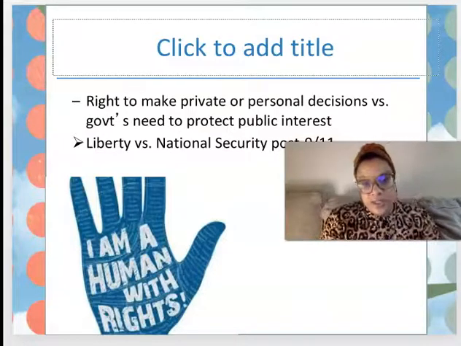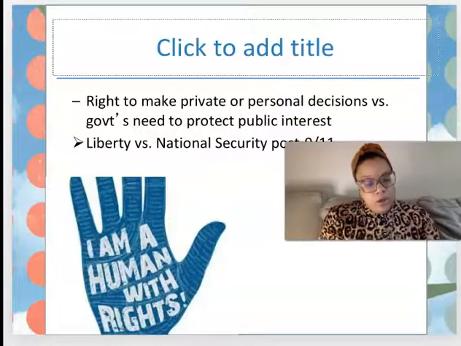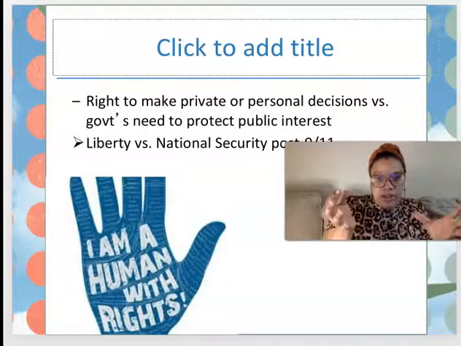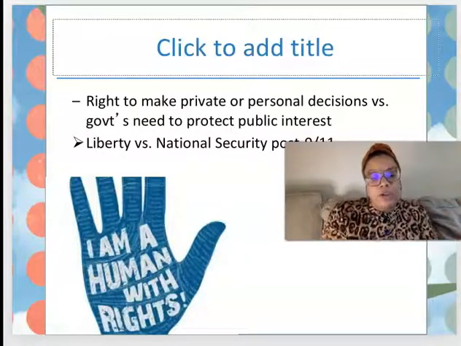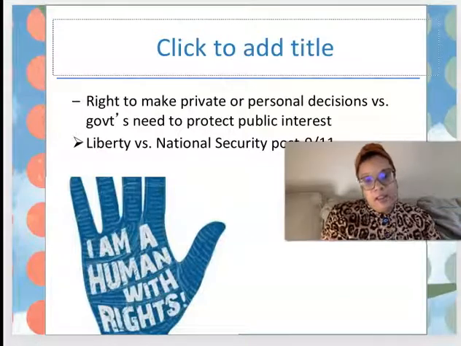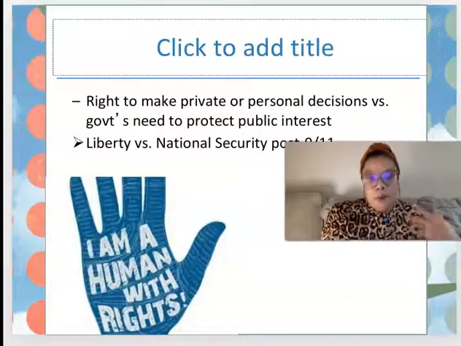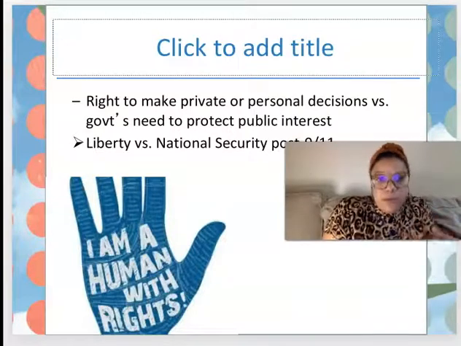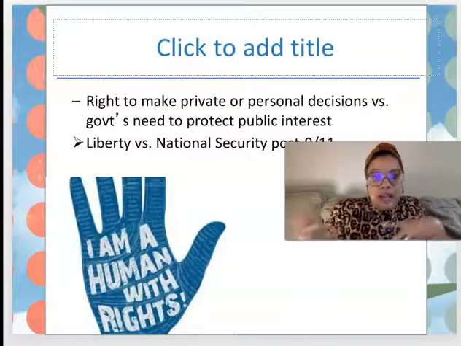And how do you weigh those things? And in a timely discussion, this has changed over time, right? How we look at this, and particularly in this country, in a post 9/11 world, how do you weigh out liberty, right? The freedom, the rights of the individual with national security?